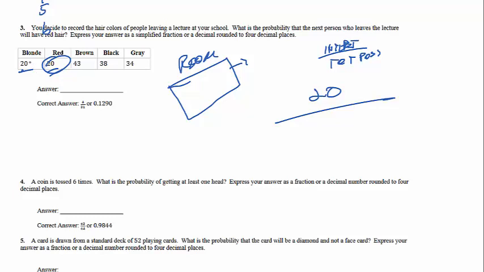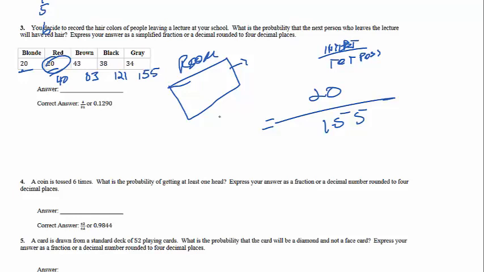All of these guys put together. 20 plus 20 is 40, plus 43 is 83, plus 38 is 121, plus 34 is 155. So we have 20 over 155.